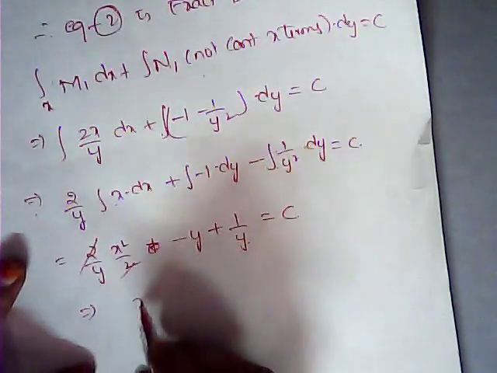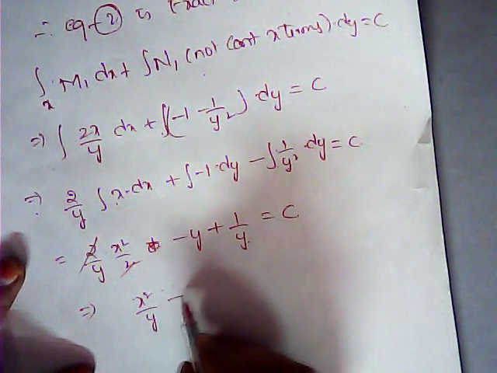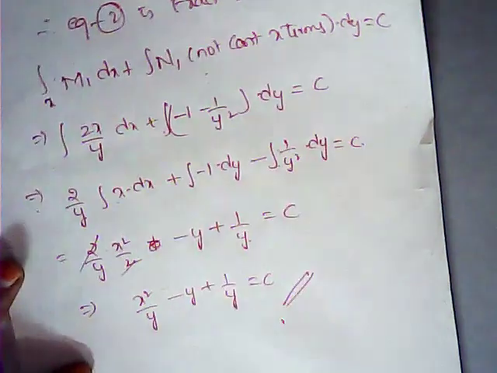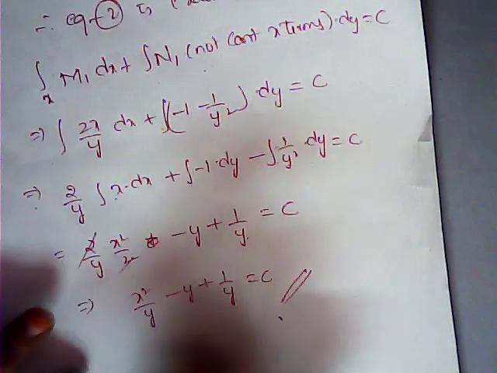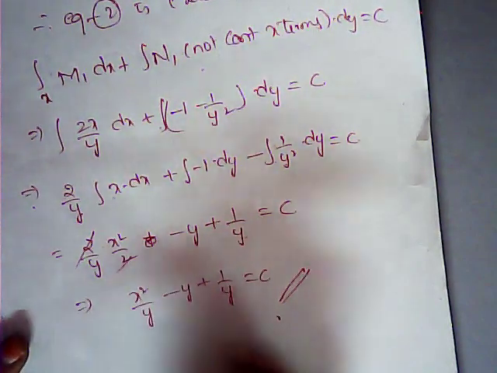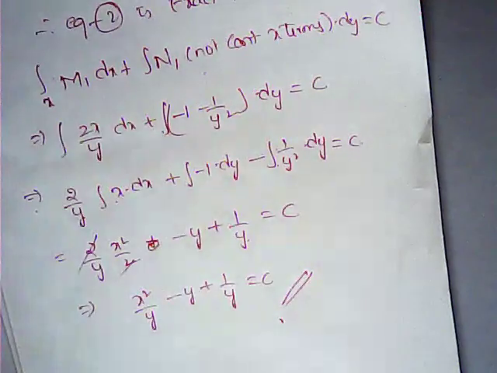So 2 will get cancelled: x square by y minus y plus 1 by y is equal to c. Further, if you want to do the LCM part, you can do it. Otherwise, you can stop here. In this way, you need to solve the model 3 and model 4 problems.